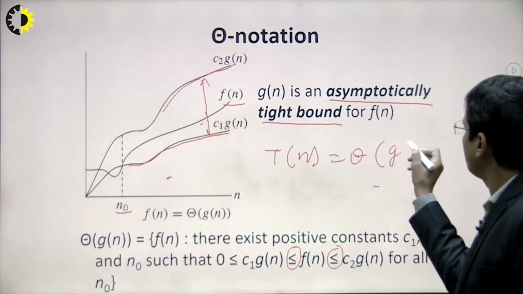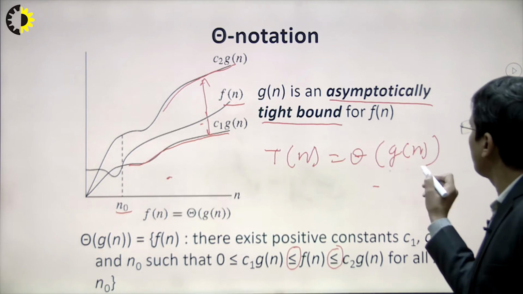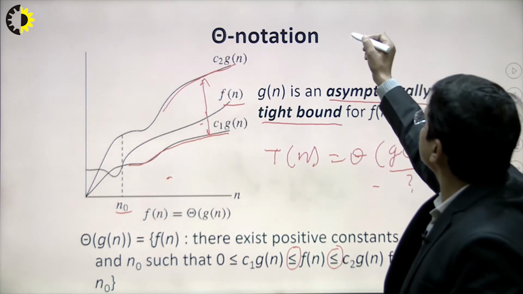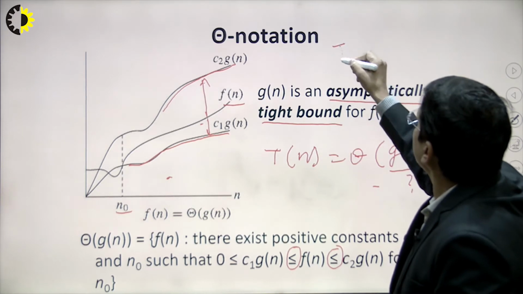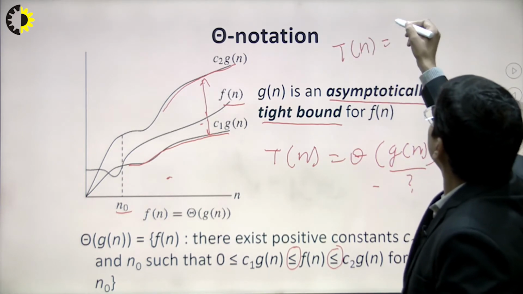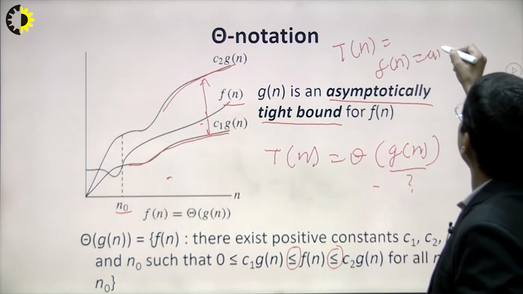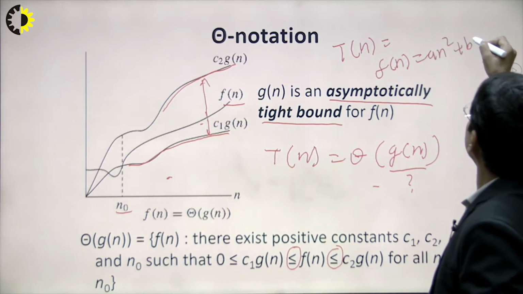So the main objective is to find g of n, just like in the insertion sort we have seen. In the insertion sort, the function we get, T of n or f of n, is an square plus bn plus c.